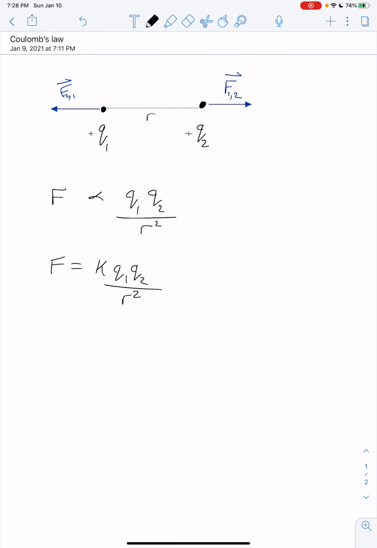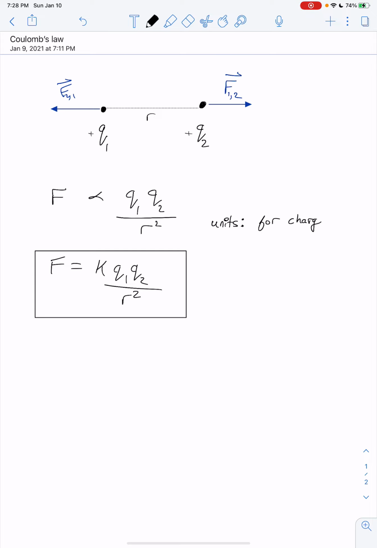And so now we've got an equation that describes the electric force between two charged objects at a certain distance away. If we look at the units that we're going to have for charge, we call them coulombs.